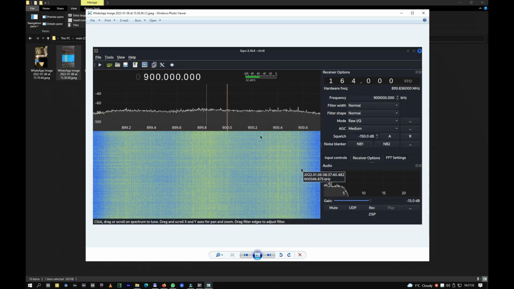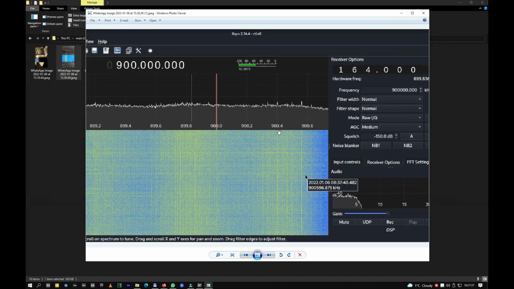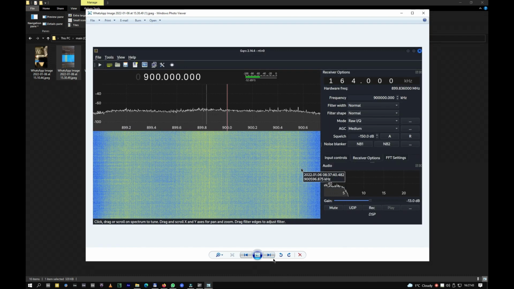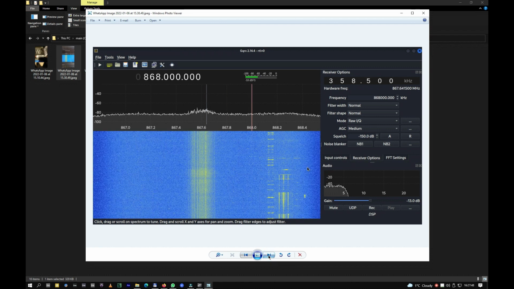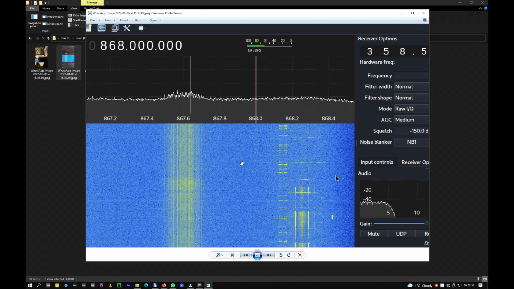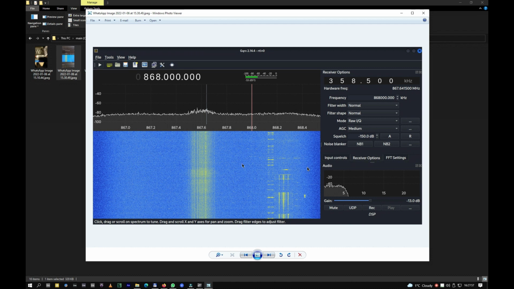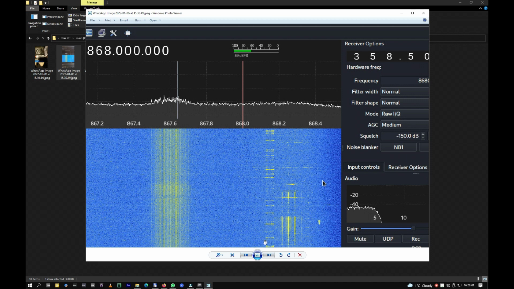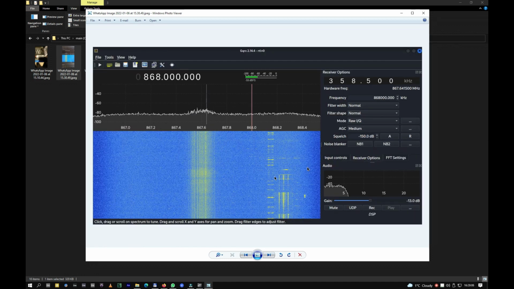Another picture, in fact a screenshot. I don't have this radio, so I'm not sure what to say about it. I asked this friend of mine to do this for me because I just wanted to check my theory. And once again, here we have the LoRa beacons, and I don't know what this is.